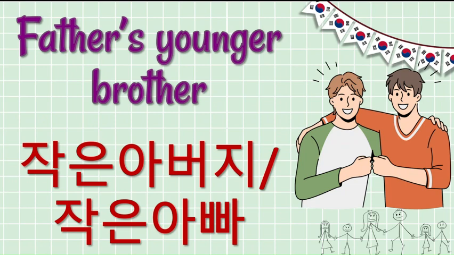One more important thing, we learned that the Korean word for father's younger brother is 삼촌. It is correct, no problem, but there is a slight difference between 삼촌 and 작은 아버지. 삼촌 is father's younger brother when he is unmarried. The condition is unmarried.